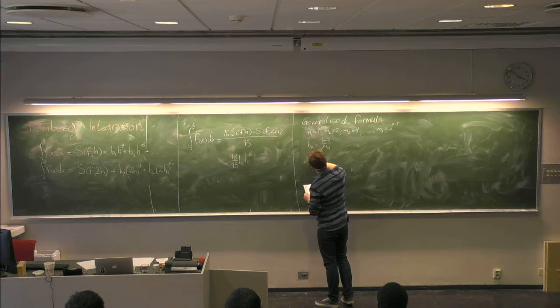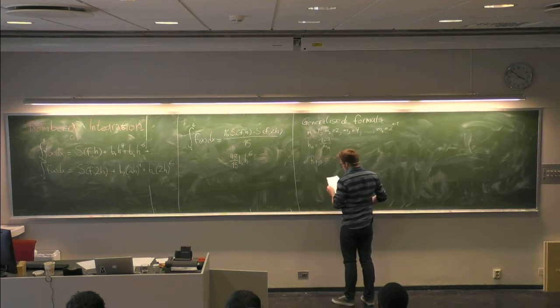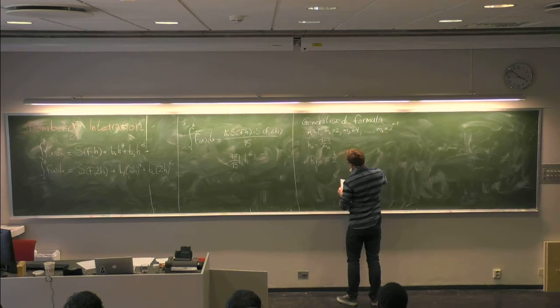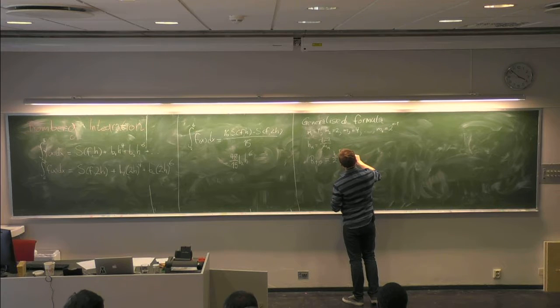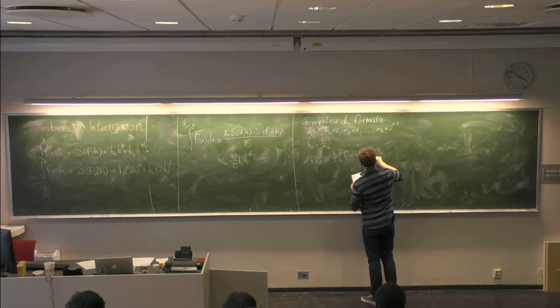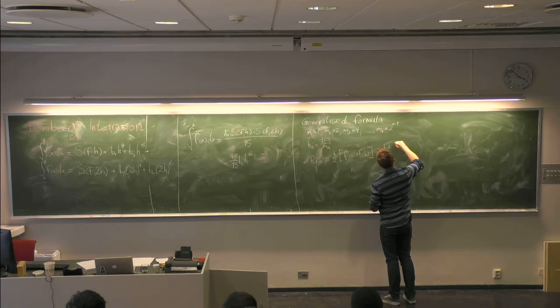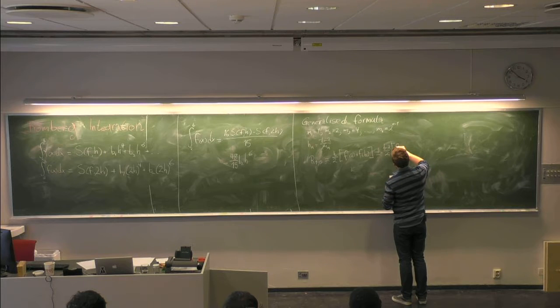We'll then have R1,0. It's going to be h1 over 2 times f of the point a plus f of the point b, which is (b minus a) over 2 times f of a plus f of b.